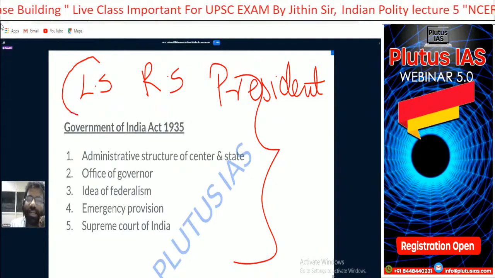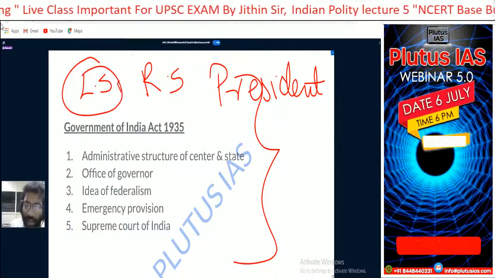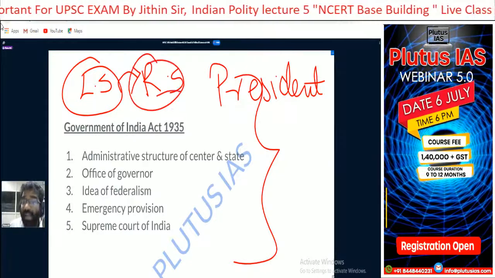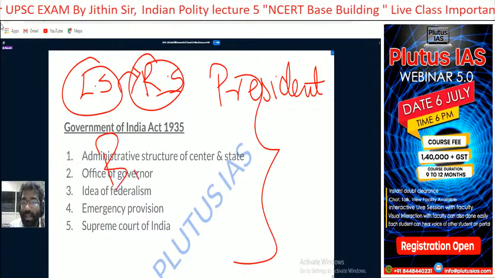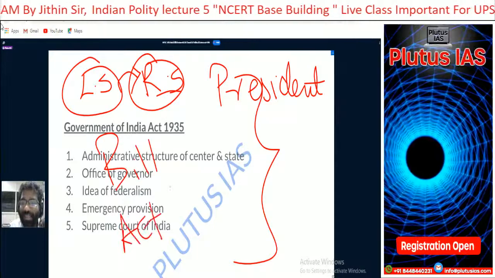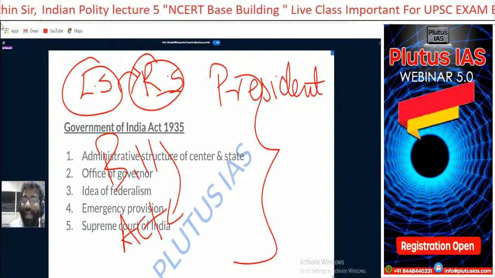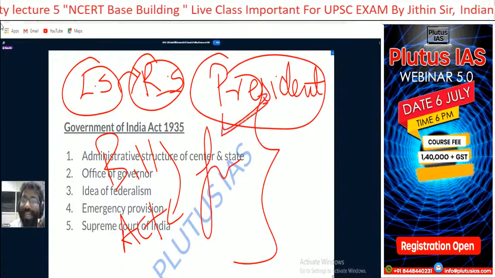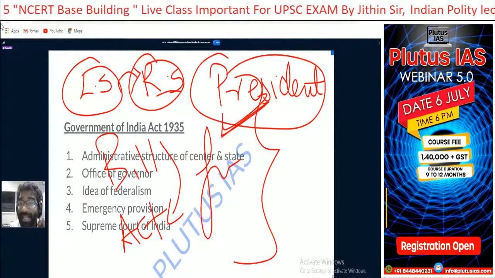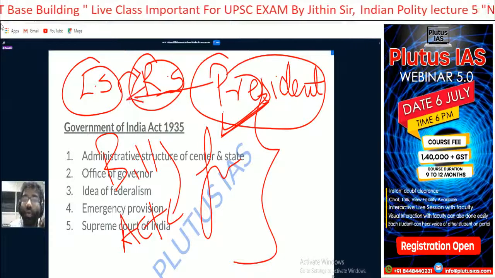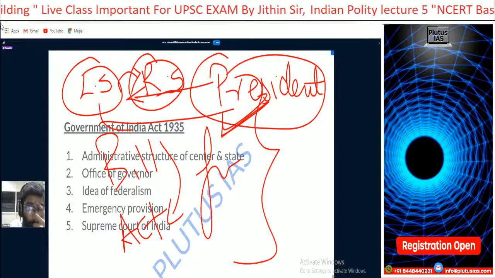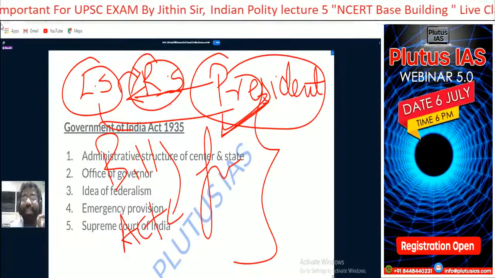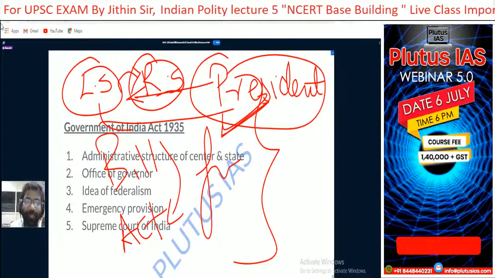A bill passed in Lok Sabha goes through Rajya Sabha. Rajya Sabha passes the bill. Then the process of bill becoming an act is completed only when President signs it. So President is also a part of legislature, but he does not take part in voting in both the houses. But he is very much part of the legislature. Is it clear, Sakshi?